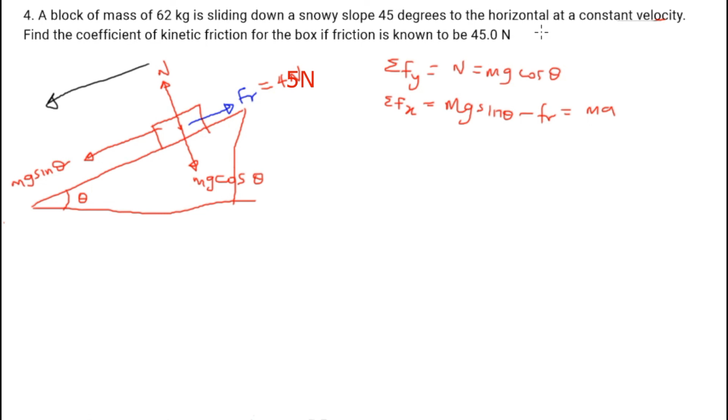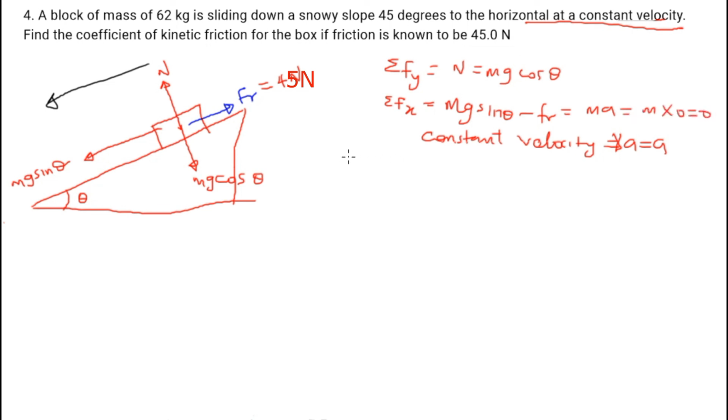But notice that the object slides down with a constant velocity from the question. If an object slides down with constant velocity, it means acceleration is equal to 0. That's the implication. That means we are going to have mass multiplied by 0.